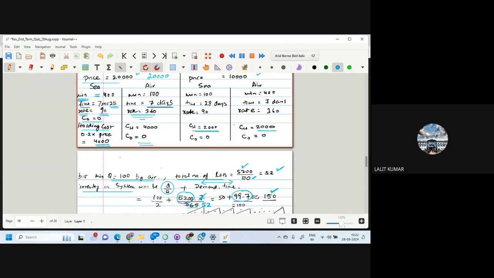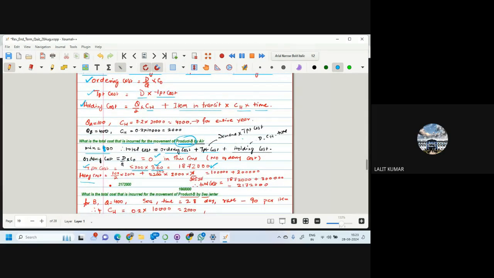It was 2000. So Q by 2 into 2000 plus 5200 into CH into time. This you calculate, so this will come to 300,000, and you sum this up, so you will get the total cost.